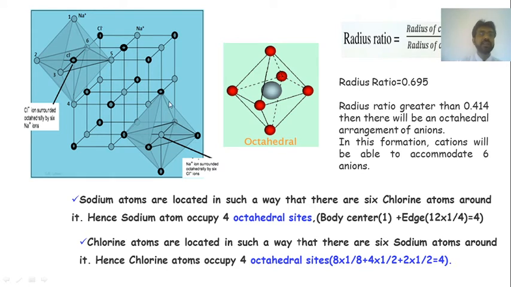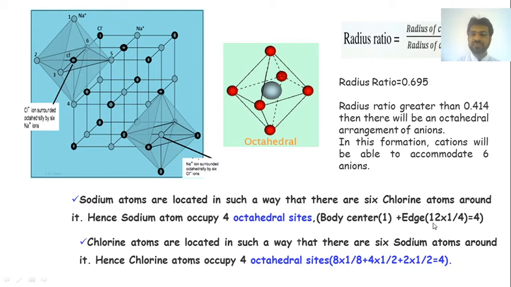Means here, in the octahedral sites, in this NaCl structure, there are the 4 octahedral sites of the sodium atoms. Now how do the sodium atoms have 4 octahedral sites? We can see that from this structure. There is one body center atom and there are 12 atoms located at the center of the edge of this unit cell.